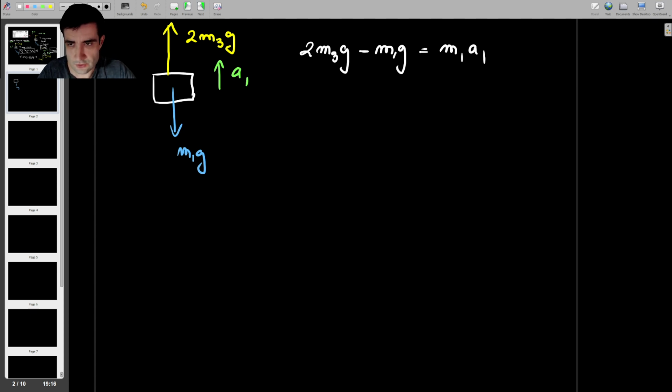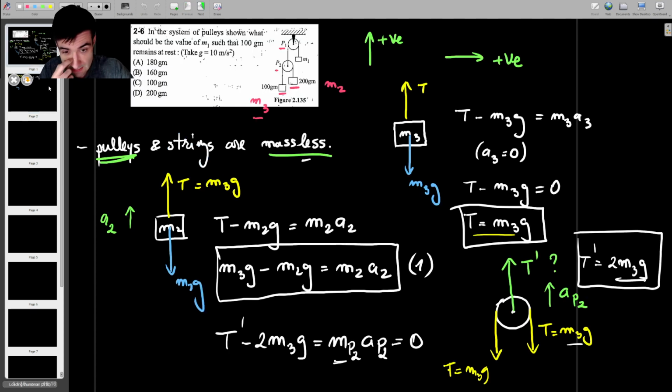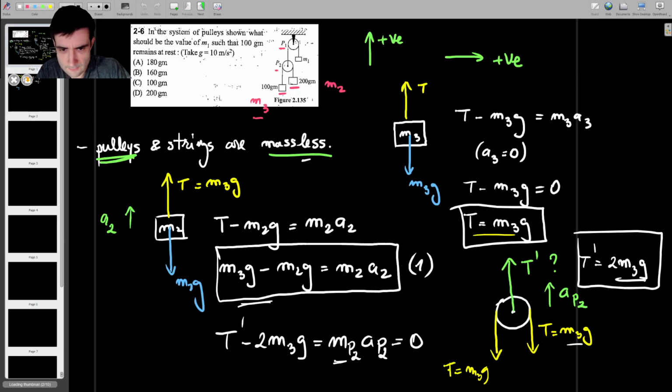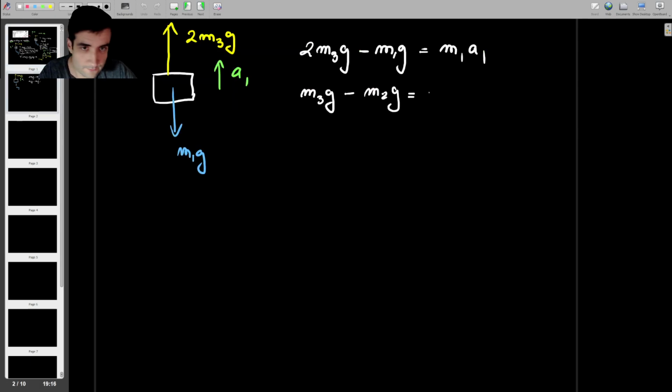Okay, so there's one thing, and the other thing is that, well, is this equation. So we have M3G minus M2G equals M2A2. Okay, this is how far Newton's second law brought us.